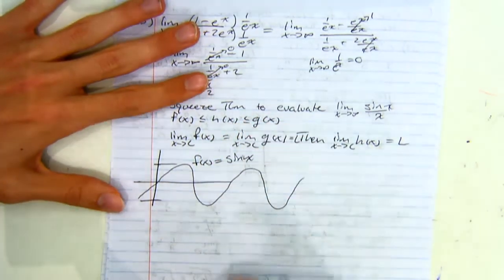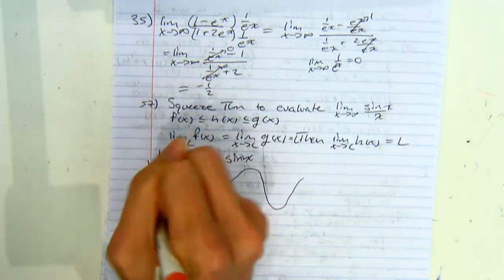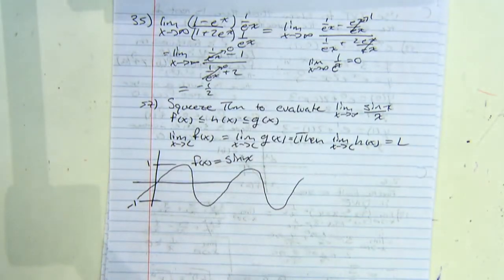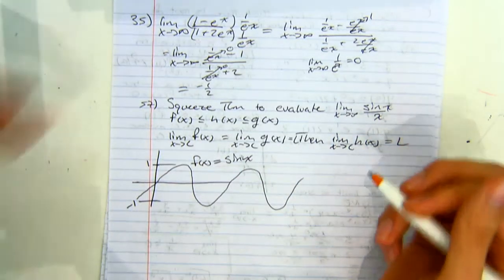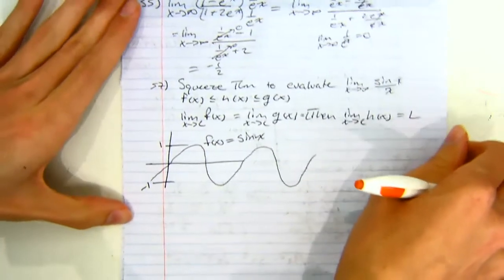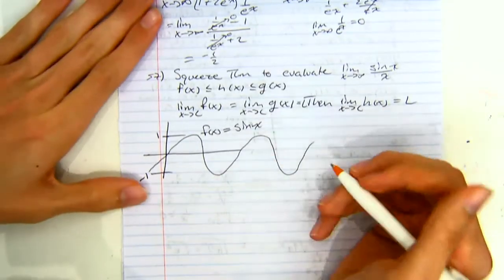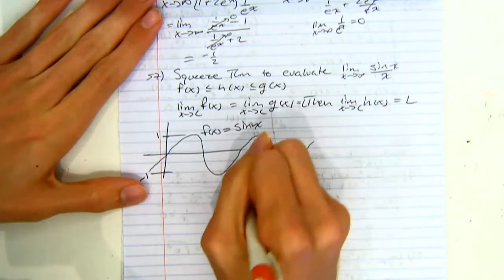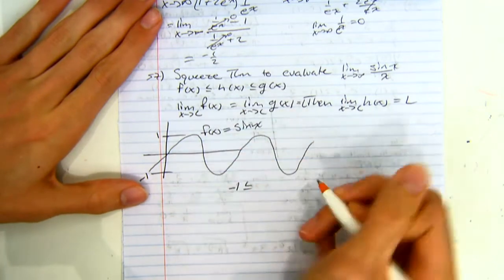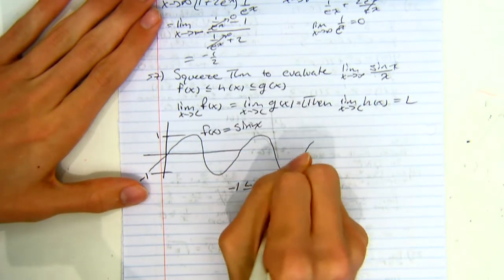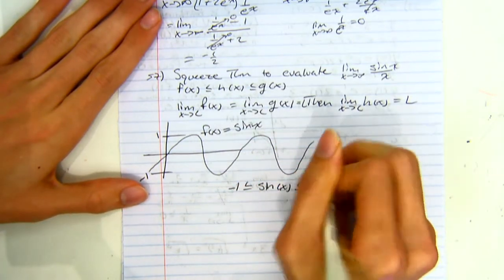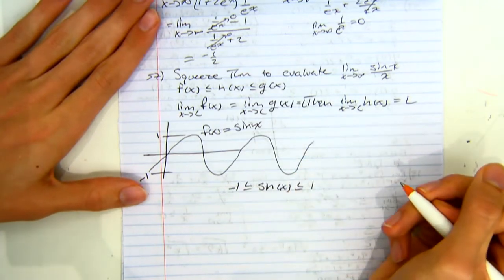Sine is naturally bounded between -1 and 1 when you don't modify it. So that's what we're going to use as our bounds. So we have negative 1 less than sine, and then we have 1 on this side.